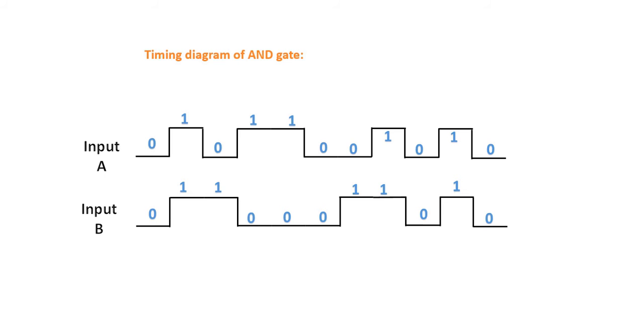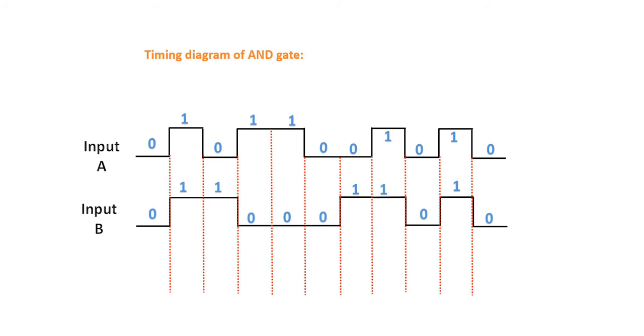Now I will draw the red dotted lines here, which show the points where input A and input B change their values. As you can see, at the first red line, input A is changing its value from 0 to 1, and input B is also changing from 0 to 1. Likewise, at the second dotted line, input A is changing from 1 to 0, and input B is still at 1.